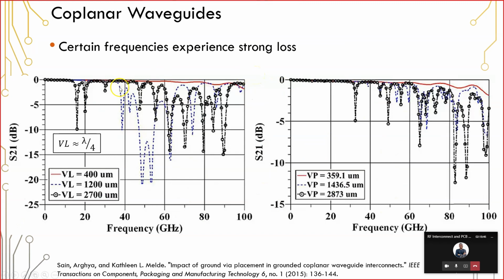So what happens in terms of the losses and the S parameters? Well, this is very important here. Now, when we have the structure very large, what happens is that we can only operate at lower frequencies without creating very large losses at very specific frequencies. So let's just say, for an example, we wanted to operate a particular coplanar waveguide with VL equal 2700 micrometers or 2.7 millimeters.